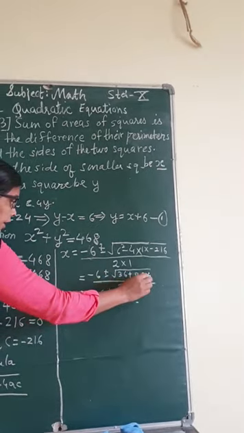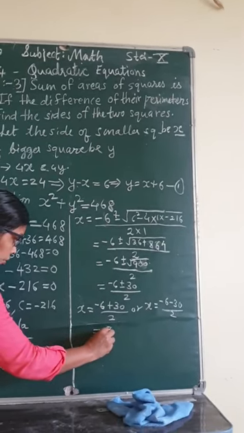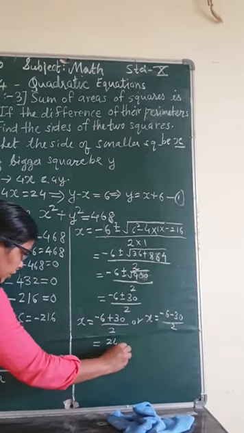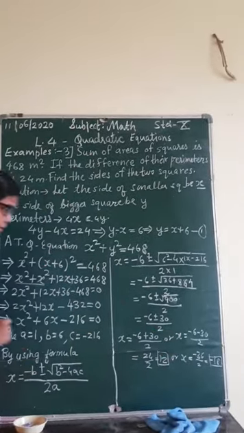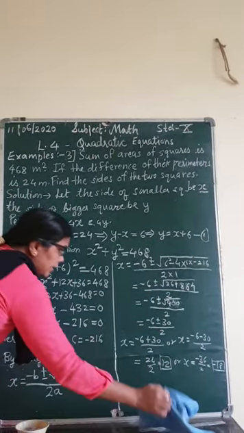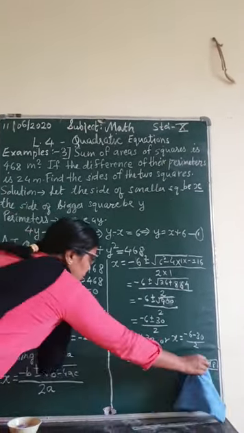So here we have 24 upon 2 gives us 12, and x is equal to minus 36 upon 2, which is minus 18. Now see here, a side cannot be negative. So our required answer is not minus 18, only 12.